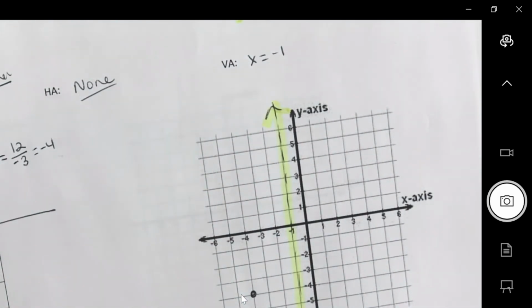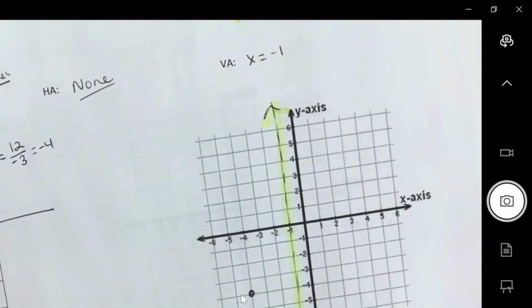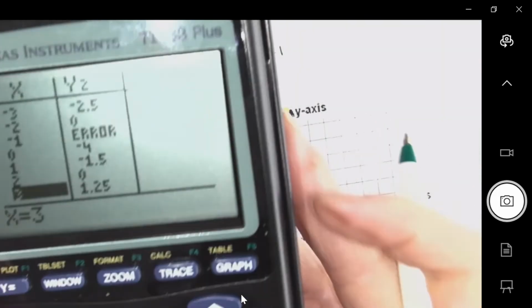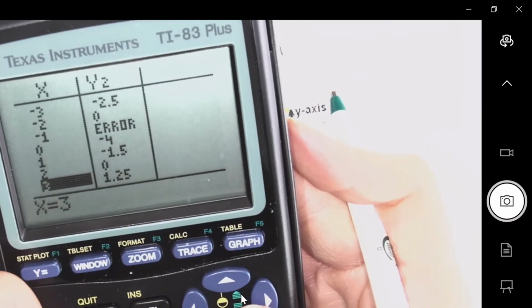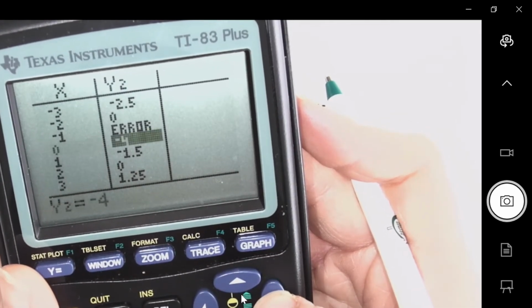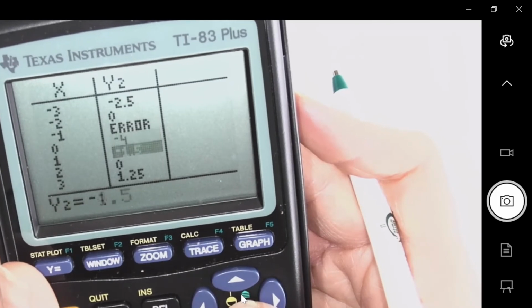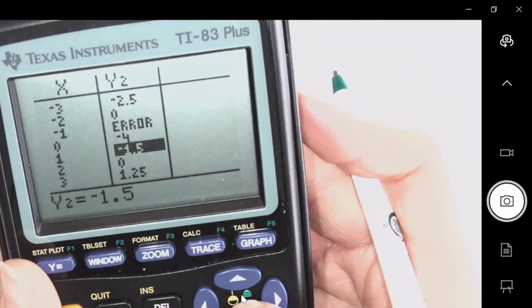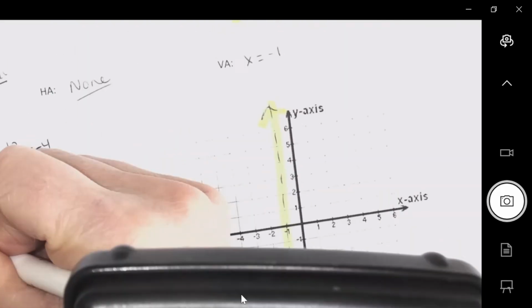Are you okay if I do this? Do you see how I'm just going to get those numbers? It just takes a long time. 0. Obviously, -1 was an error because that's our asymptote. At 0, -4, -1.5, and back to 0.